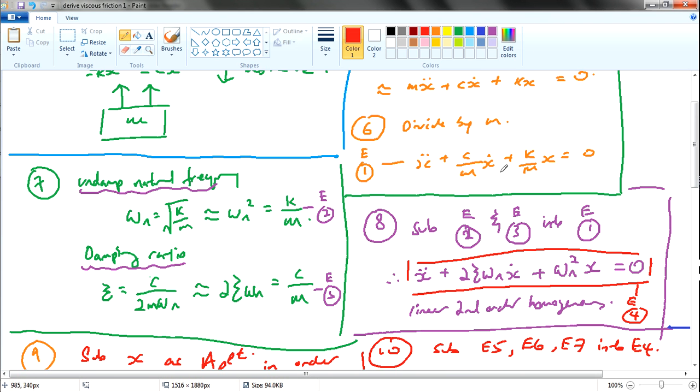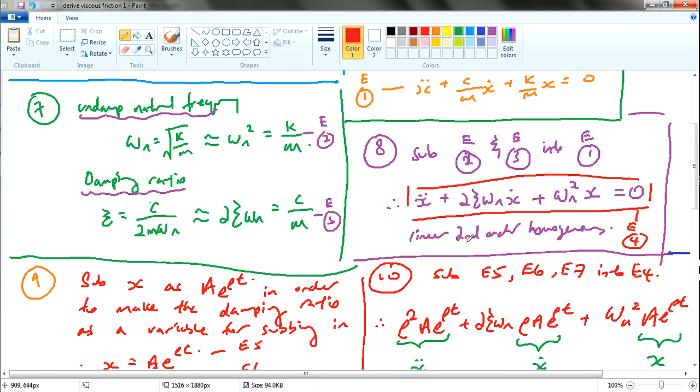Because there is C over M and K over M, you have to bring things to sub into this. You don't want it to be divided by something, you want it to be just some constant times x dot. So therefore we change it into this form and this form, and we sub it in, and we have a linear second order homogeneous equation.